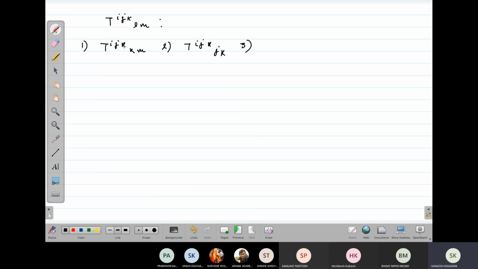Third will be, you now shift this index here. Okay, so T^{IJK}_{JM}. This will be another contraction. Fourth one will be T^{IJK}_{LJ}. This will be another contraction, and so on.